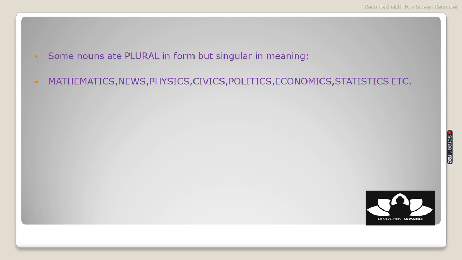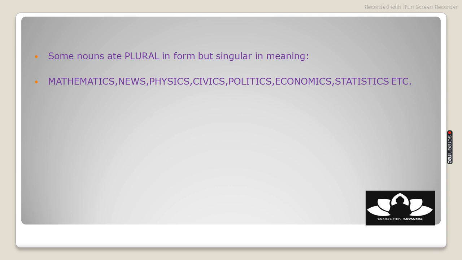Some nouns are plural in form but singular in meaning. When we use the term mathematics, the word itself sounds plural because s is added. News: the word sounds plural, but if in the word news the s is cut, the word will become new.